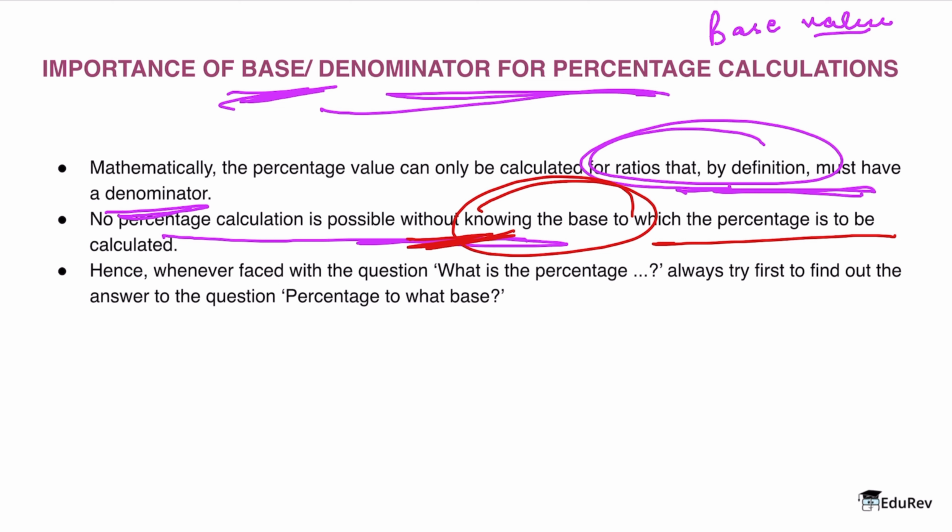Hence, whenever faced with the question of what the percentage is, always try to find out the answer to the question: percentage to what base? To what base do I need to calculate the percentage? So you always need to find the base, or your denominator, with respect to which you have to do your calculations, right?